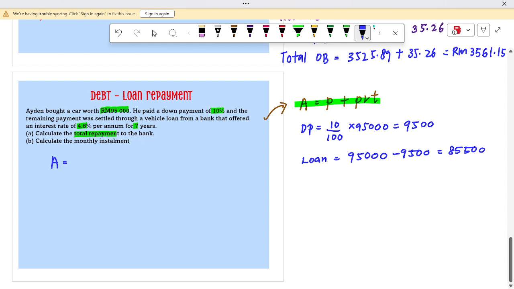So this is your principal, the loan amount that you're going to take, 85,500, plus bracket 85,500 times the principal, times the interest rate 4.6 over 100 times 7 years. That's for your interest.